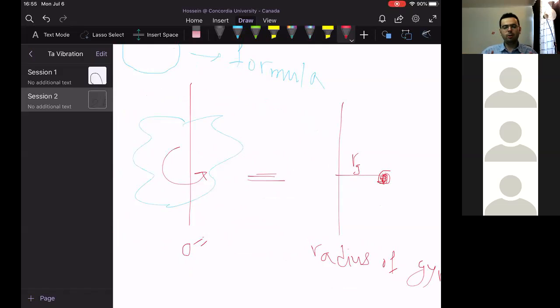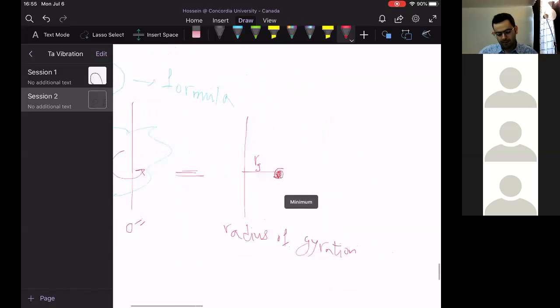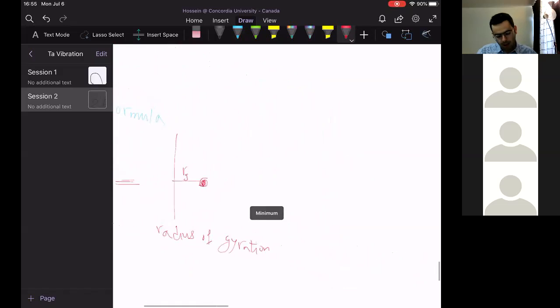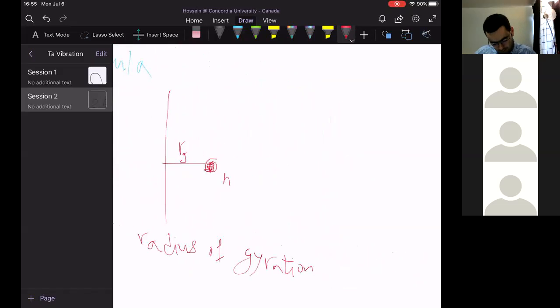Here, fortunately, you are given the radius of gyration of this complex system, tire, ring, and all the assembly, including wheels and tire, right? So once you have the radius of gyration, you could find the mass moment of inertia around point O prime, which is equal to m R_G squared.